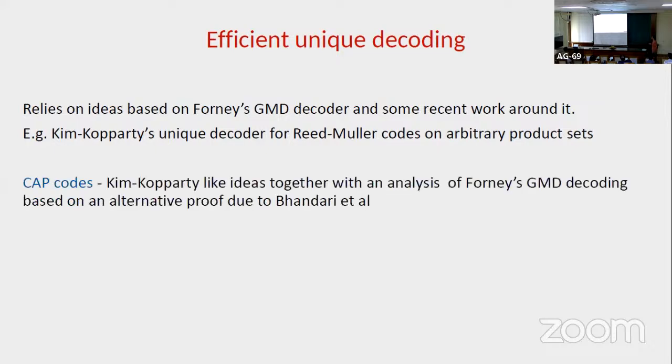So for cap codes, this is like ideas in Kim Koparty together with an analysis of Forney that showed up in a recent paper of Prahlad, Siddharth Bhandari, Ashutosh, and myself. And for cap codes, this argument is even cleaner.